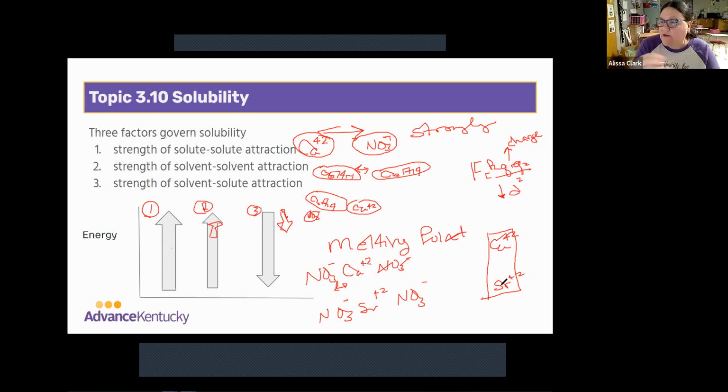So as distance goes up, force of attraction goes down. So you wouldn't have to heat that as high to melt it. We're going to come back and talk about that one near the end.